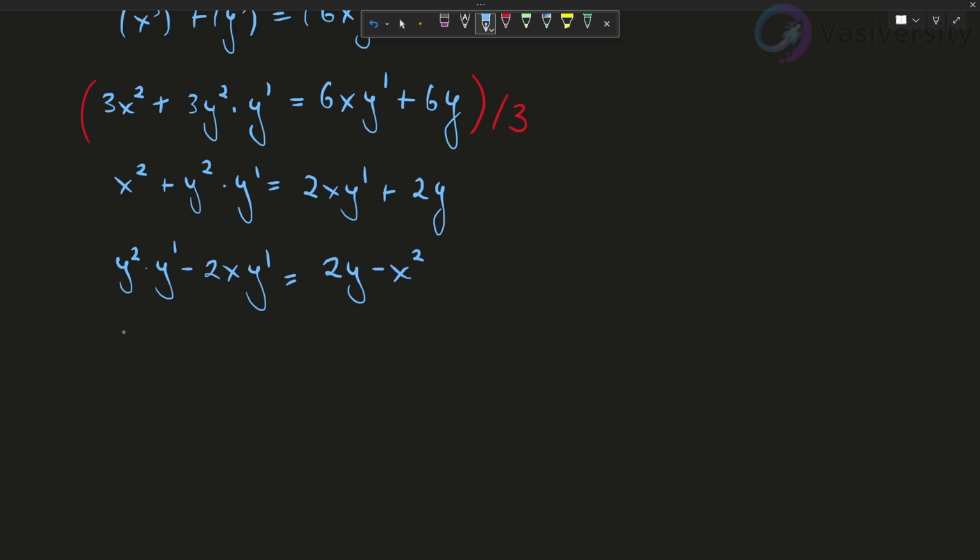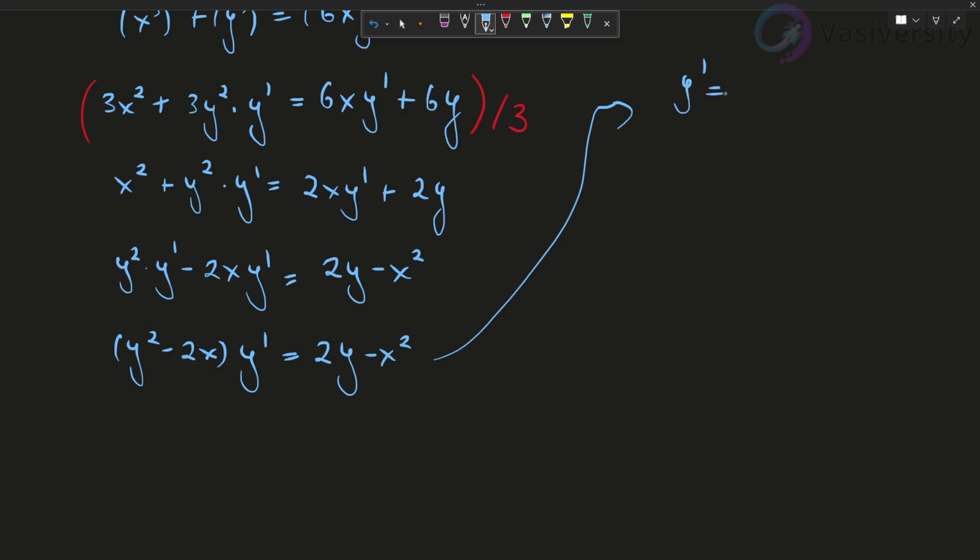So we're going to have y squared minus 2x times y prime is equal to 2y minus x squared. Alrighty. Now let's move on here. So we're going to have y prime to be 2y minus x squared over y squared minus 2x.